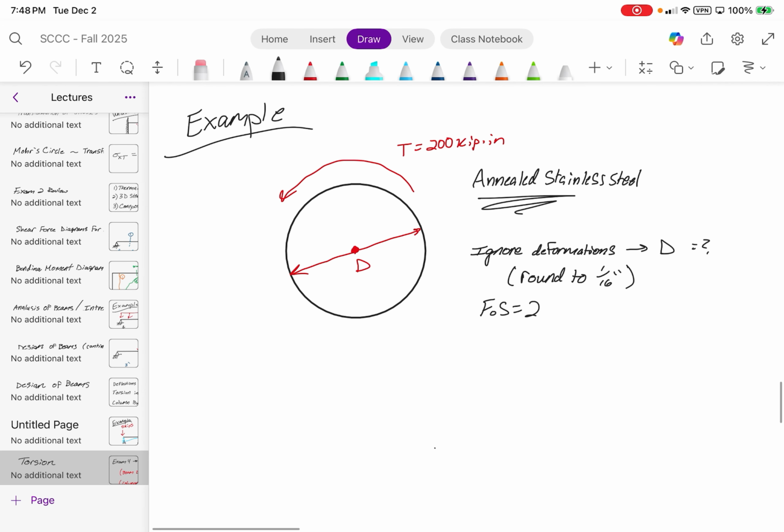All right. Maximum shear stress occurs at the outer radius, R max. But R is basically what we're trying to find, right? Which is just equal to the diameter divided by 2. So we know that. What is J? J for this is just going to be pi over 2 R to the 4th, right?